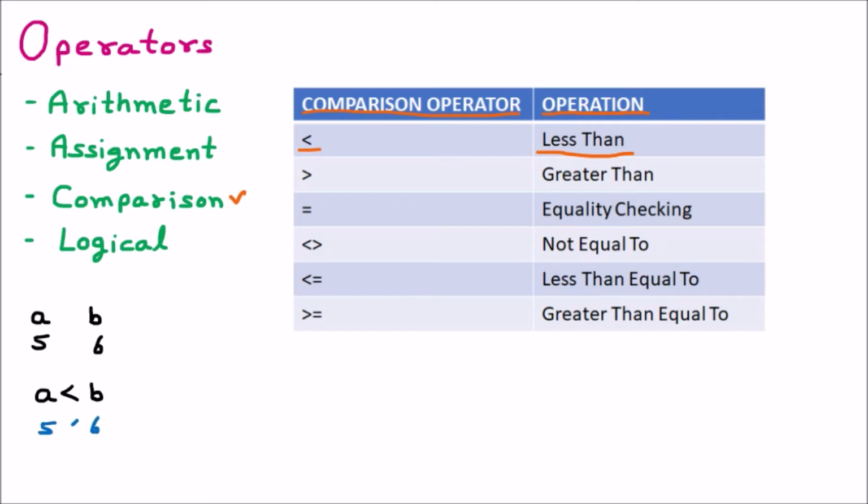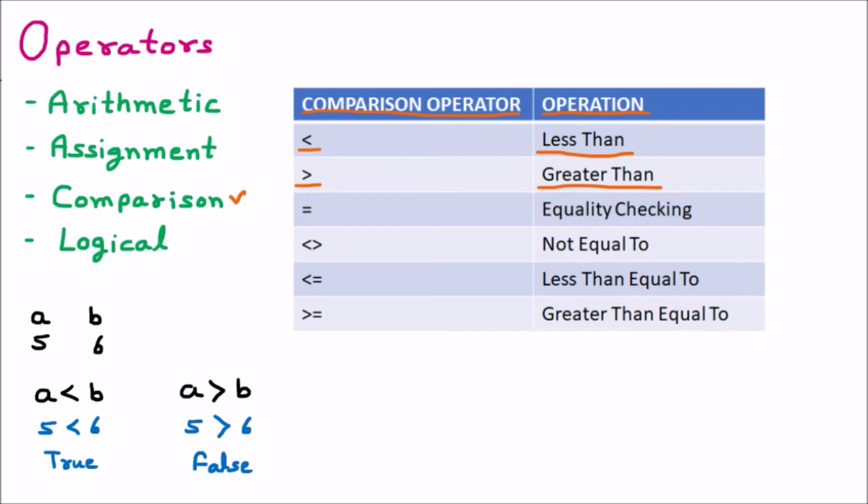So 5 less than 6, that is true. So here the result is true. Now the next operator we have is greater than. If I take the example A greater than B, the value of A is 5 and the value of B is 6. Now 5 is greater than 6, that is false.